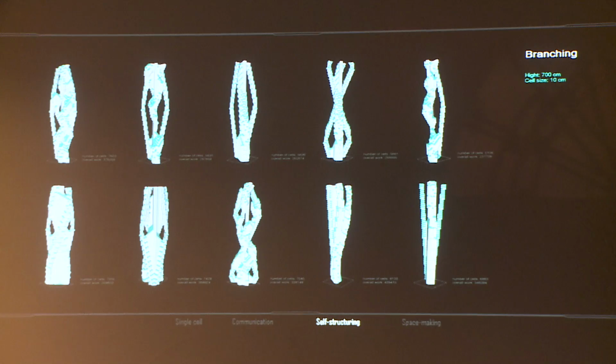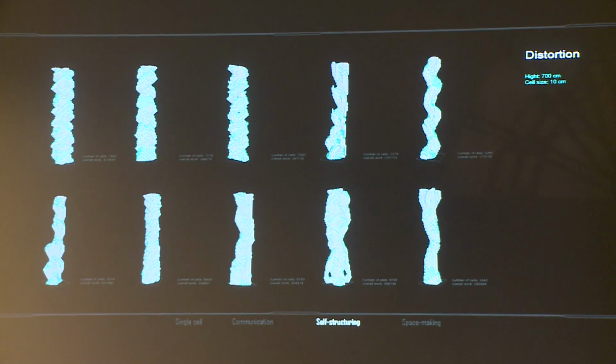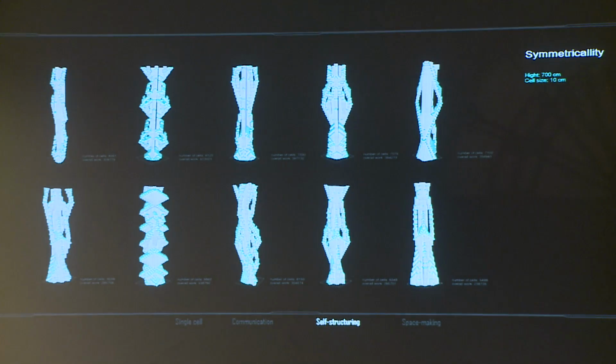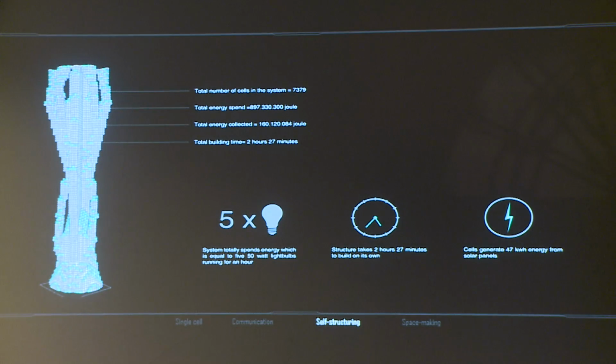So these aggregations incorporate the hybrid pattern of assembly, as we said, and we have these aggregations which are distorted and spiraling, where you can see that the pattern is consistent, so this resonates into a higher speed of assembly and symmetricality.